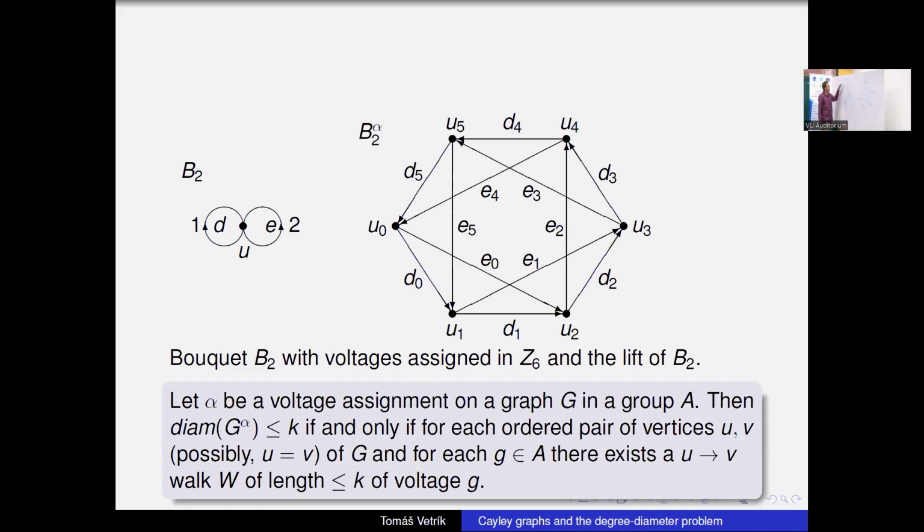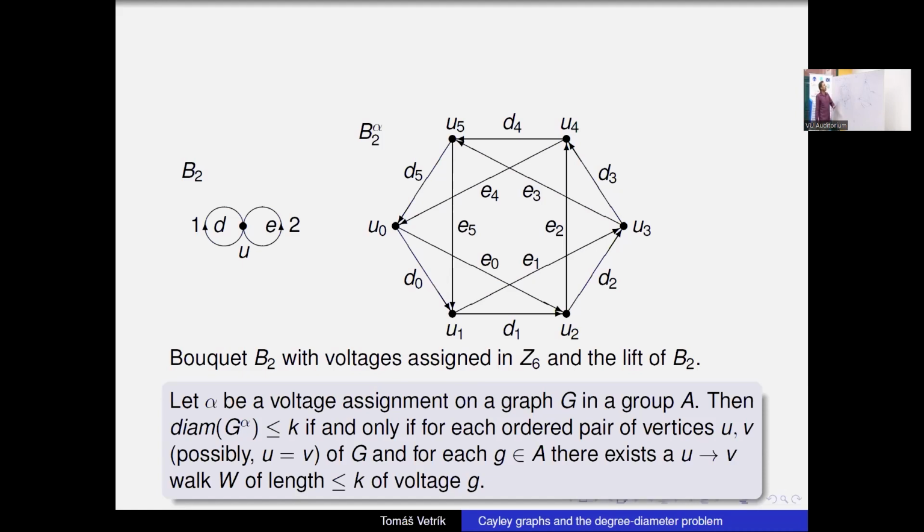And I would assign some voltages there. Since I did this construction a few years ago, I actually didn't plan to introduce this voltage assignment. I just got this idea that it will be easier for you to understand how I constructed the graph.